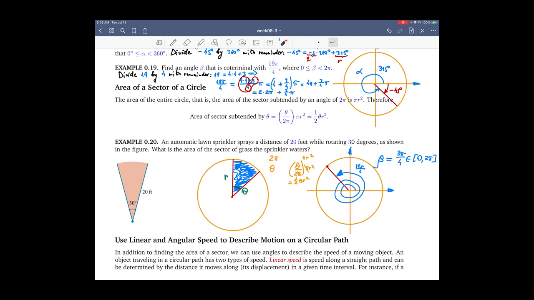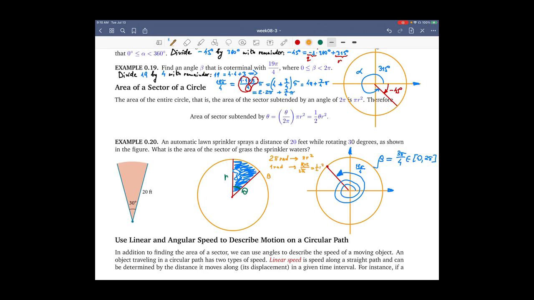It is perhaps easier if we first explain with 1 radian. So 2 pi radians gives the area pi radius squared. 1 radian gives the area pi radius squared over 2 pi, which is 1/2 radius squared.